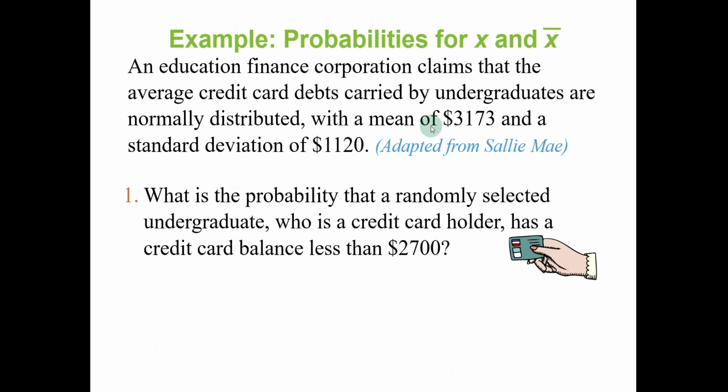Now take this example. We've been given the mean, we've been given the standard deviation, and it says, what is the probability that a randomly selected undergraduate who is a credit card holder has a credit card balance? Note, it has not said has a mean credit card balance. It has simply said has a credit card balance.